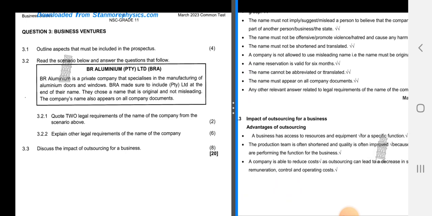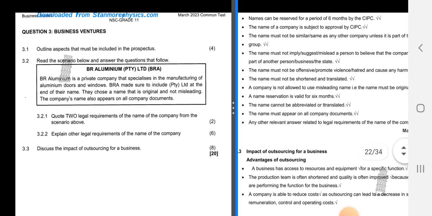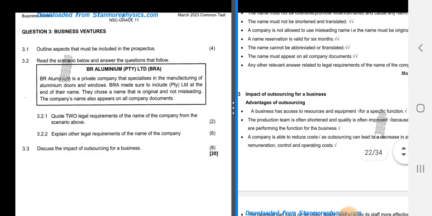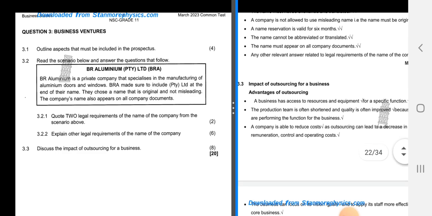And then 3.3. So you're going to explain requirements for 6 marks for 3.2.2. And then 3.3, discuss the impact of outsourcing for a business. So outsourcing is using other people to do a service that you can do, but you decide to use another person to save maybe time.